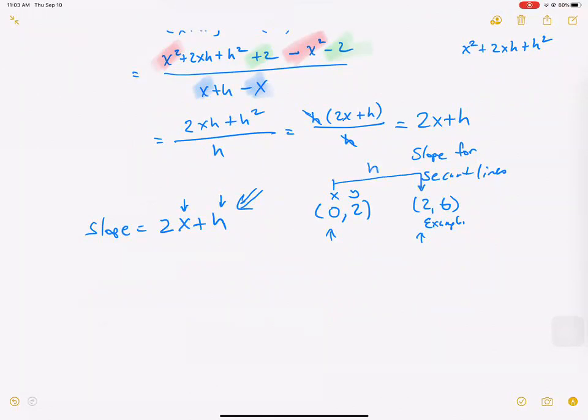This is my h, right? It's 2. So if I plug in 2 times 0 plus 2, that's the slope of my problem. The slope is 2, which is what we had in our last answer.